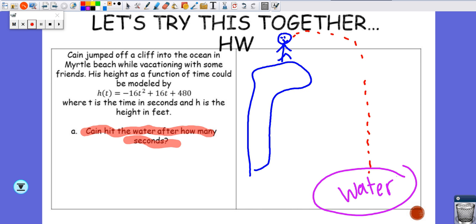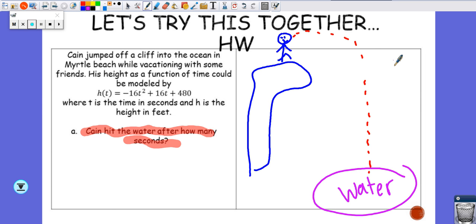And it says his height as a function of time could be modeled by, okay, so as Kane is falling, there's an equation that can model this path that he's jumping off of. So when he jumps off, that red dotted line models the path that he went in.